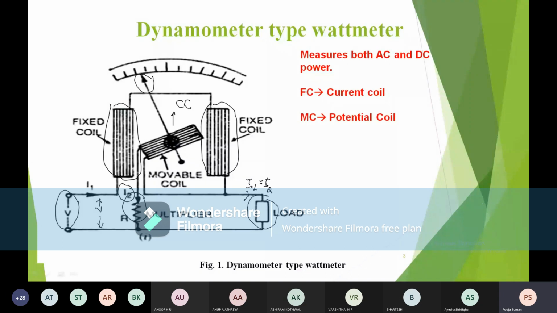The movable coil is connected across the supply and it will carry a current I2. The I2 is limited by using a resistor connected in series with the movable coil. As the movable coil is connected across the supply voltage, that coil is called the potential coil, and the supply voltage V is directly proportional to the current through the movable coil, that is I2. So the fixed coil is called the current coil and the moving coil is called the potential coil. You have to remember these two points.